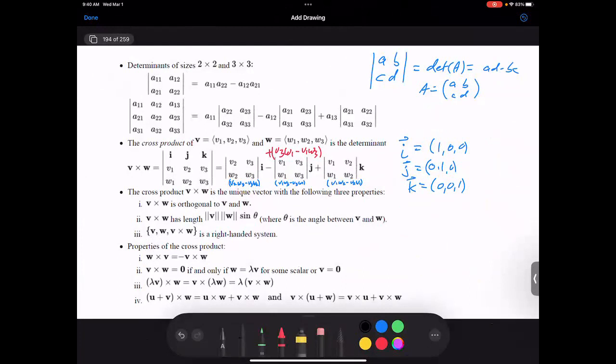Then I take J, and it's the negative determinant. And what happens is when you choose each one, you delete everything else in that row and column. And then when I get to K, I delete everything in the row and column, and that's where I get this. It alternates in sign. And so that's what makes things a little bit tricky, is you have to remember the sign there. There are just some things you have to memorize.